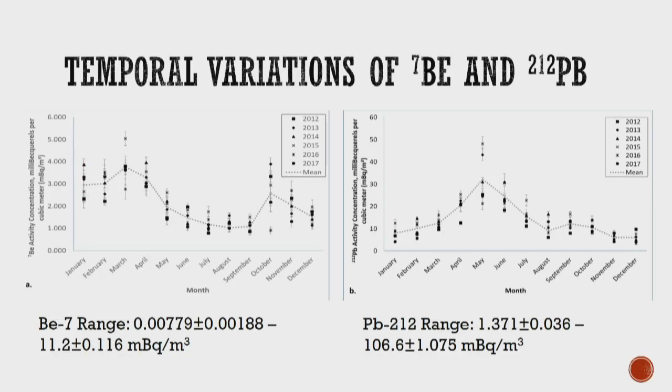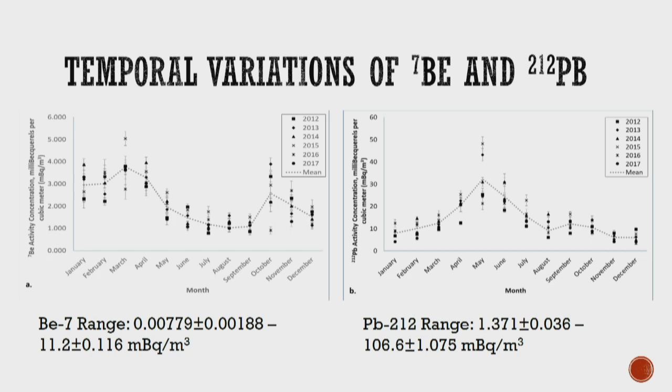For the results, we find here the monthly concentrations of beryllium-7 and lead-212 in one year. Our beryllium-7 concentrations in surface air range from about 7 nanobecquerels per cubic meter to as much as 11.2 millibecquerels per cubic meter.